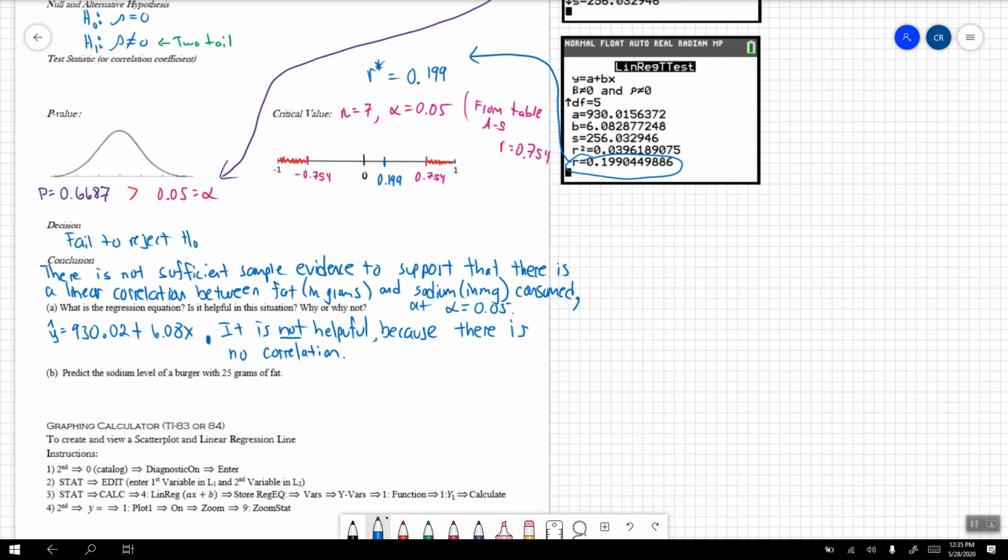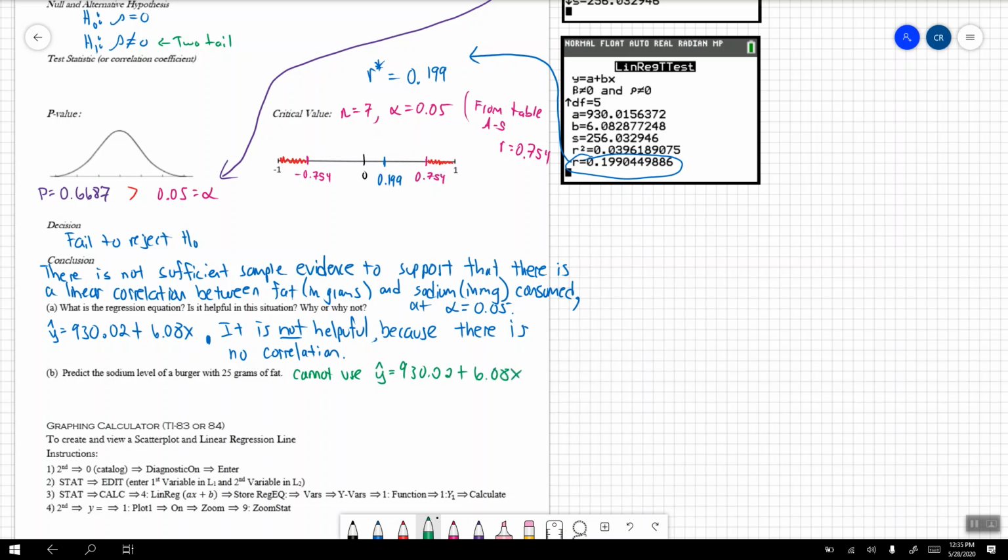If we look at part B, where we want to predict the sodium level of a burger with 25 grams of fat, I'm sorry, we cannot use this equation. We cannot use this equation simply because there is no correlation.